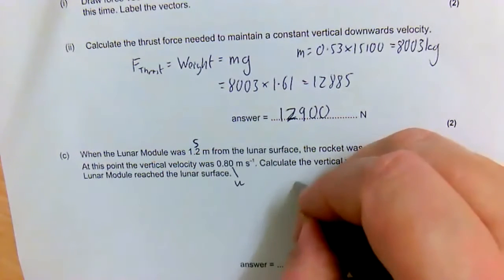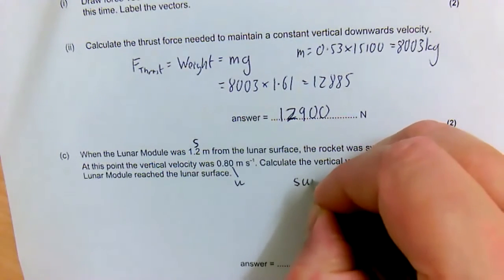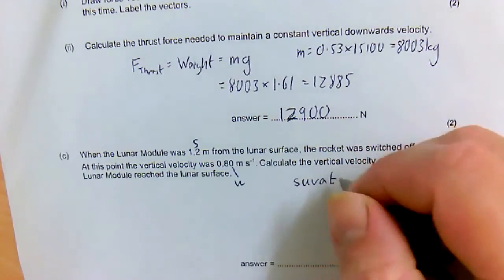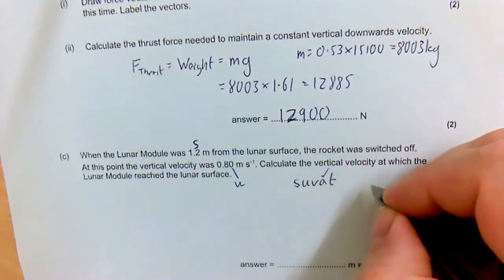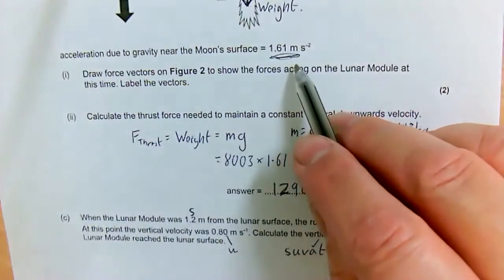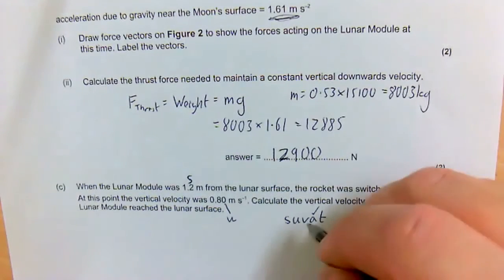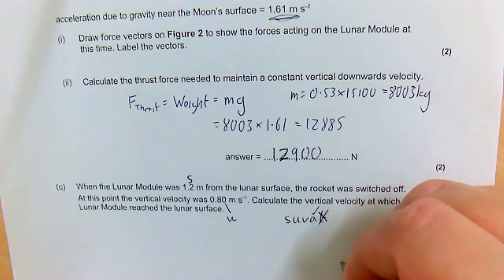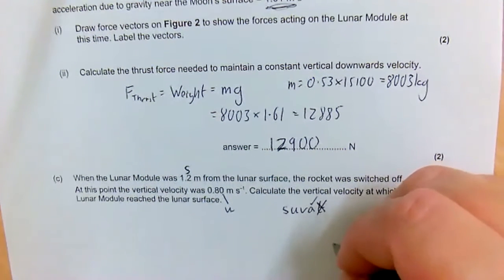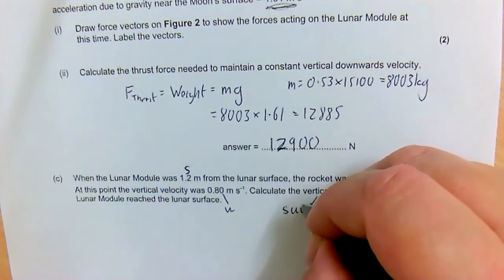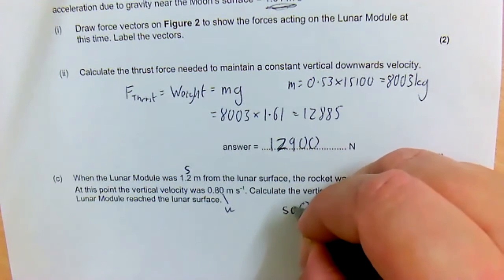We think about our Suvat equations. It's a Suvat question because it's accelerating constantly. We know the acceleration because we've been given it earlier on in the question. We don't know the time, and it doesn't require us to calculate it, so we don't need that one. We want to know the final velocity.